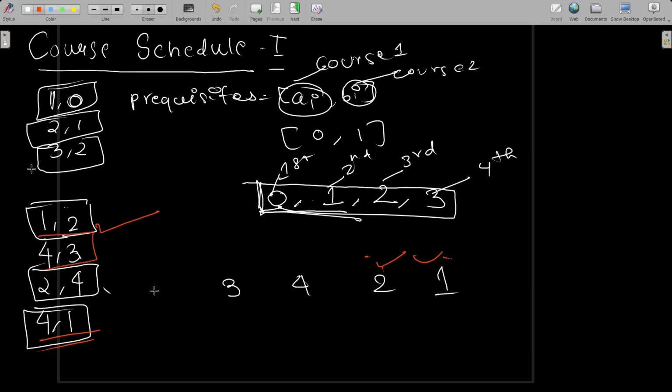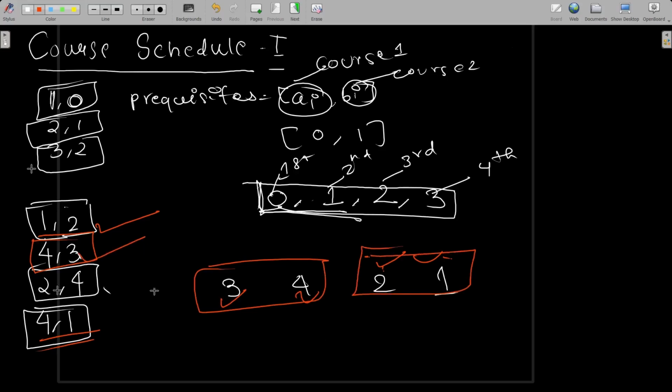Then you took course 3 before course 4, again 3 is before 4, and this is satisfied. In this case, you have to take course 4 before course 2, and this is also satisfied. But now when you have to take course 1 before course 4, you have to write 1 over here.